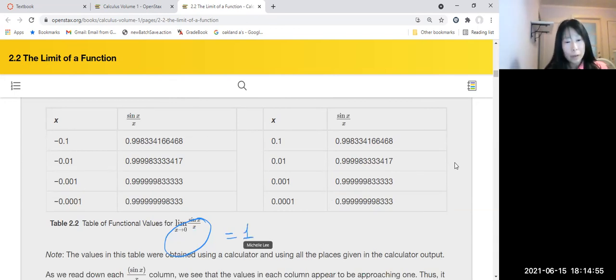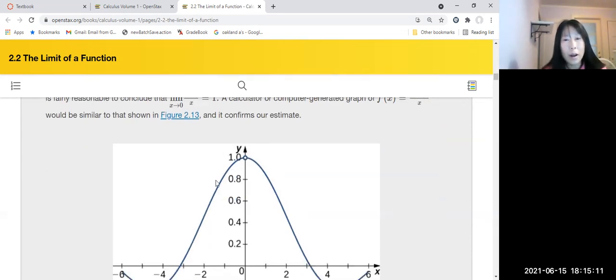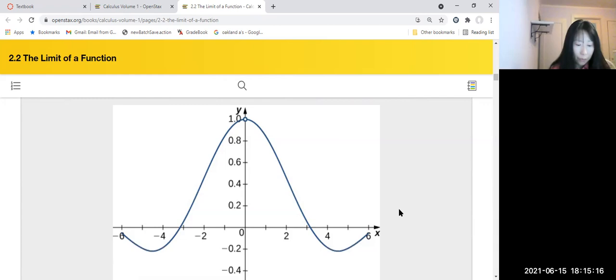All right. Let us do more. How about this one? So this is the graph of sin x over x, okay? If we come from the left, we approach 0 from the left, then the function value, the y value, approaches 1.